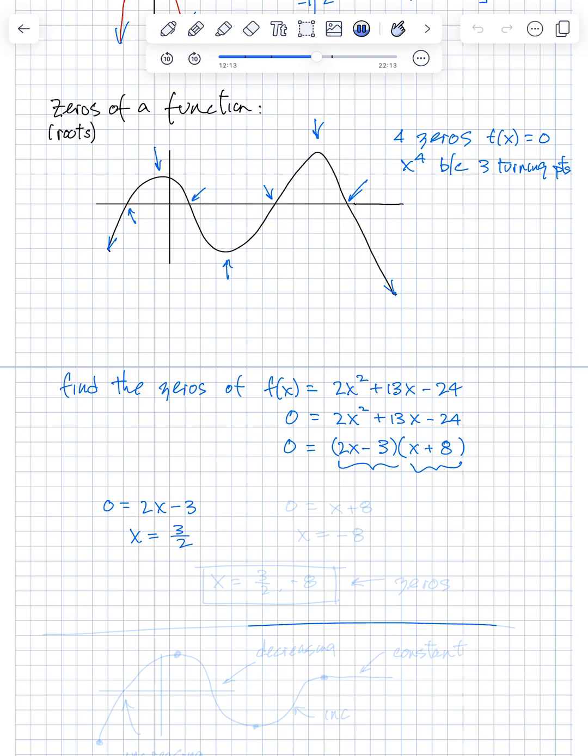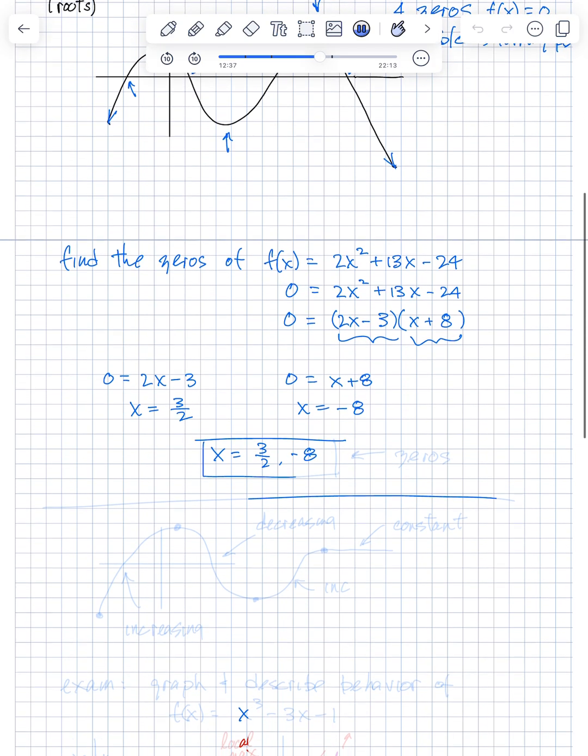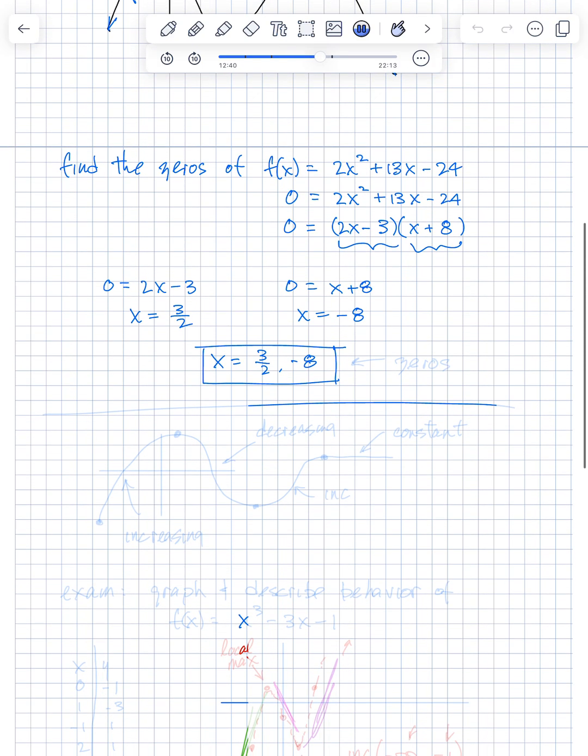And the other one, 0 equals x plus 8, so x equals negative 8. When you get done, sum it up and just say x is equal to 3/2, comma, -8. Put a box around the answer, and those are your zeros. They're the x values of the zeros, or where it crosses the x-axis.